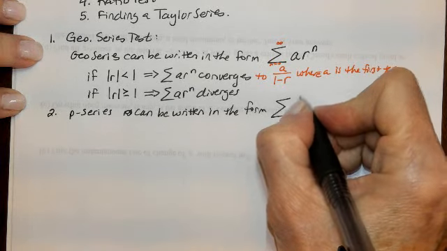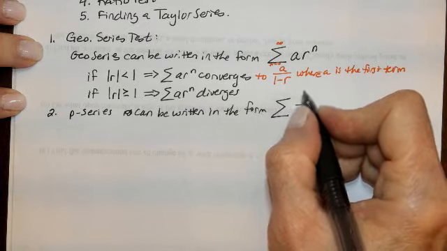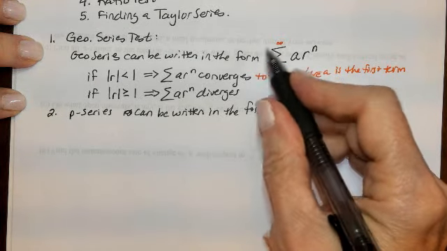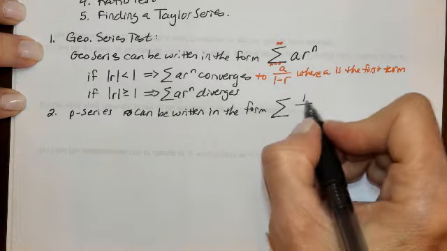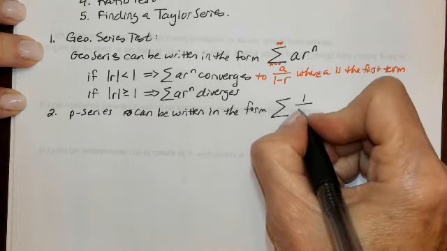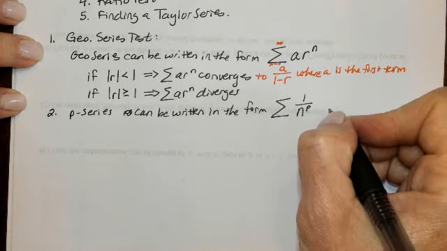I'm just going to put a 1 up here, but know that if there's like a 5 or anything, that can be taken totally outside of your sum, this can be any number, right? But it can be written in this form. 1 over n to the p, all right?